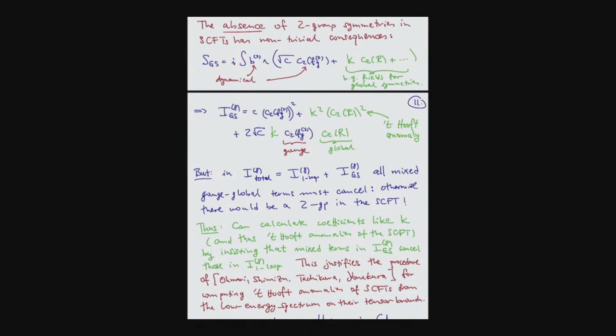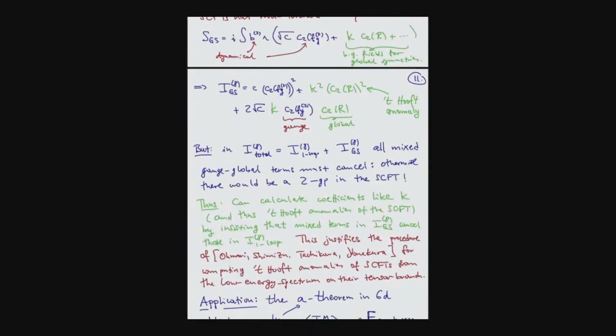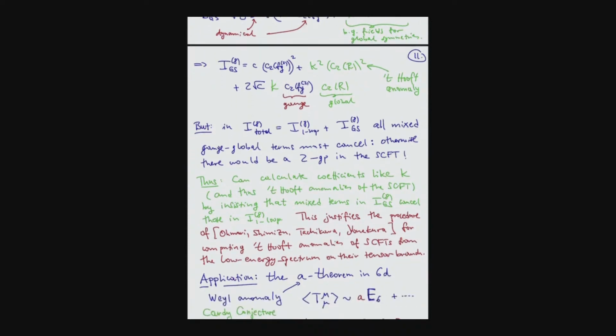So whenever you have such a Green-Schwarz term, a mixed term of this kind is always generated. But remember that such a mixed term inevitably led to a non-trivial two-group symmetry, right? And I just told you that if you're in a superconformal quantum field theory, there are no two-group symmetries. So this mixing has to vanish at the end of the day.